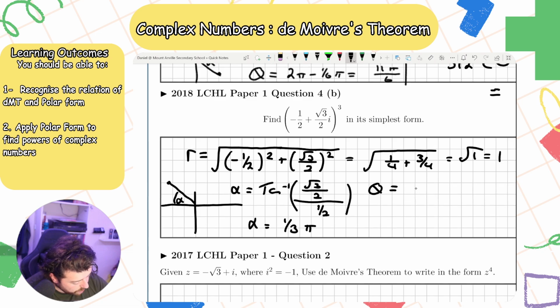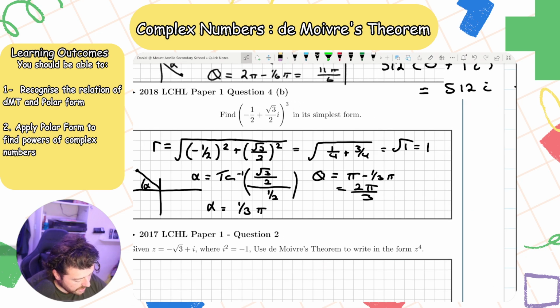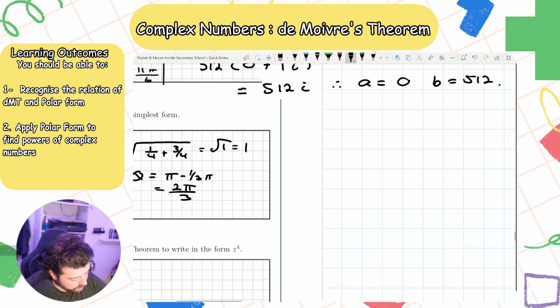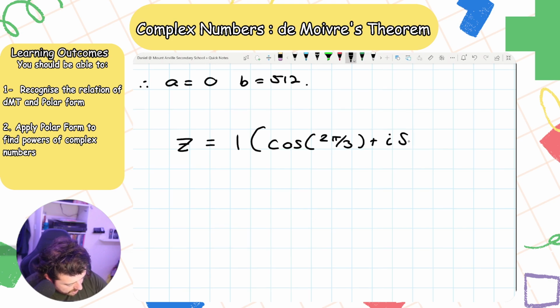Therefore, my argument is going to be equal to pi minus 1/3 pi, which is equal to 2 pi over 3. Okay, now I have my modulus and my argument. Let's sub it in. So z is equal to 1 times cosine 2 pi over 3 plus i sine 2 pi over 3.